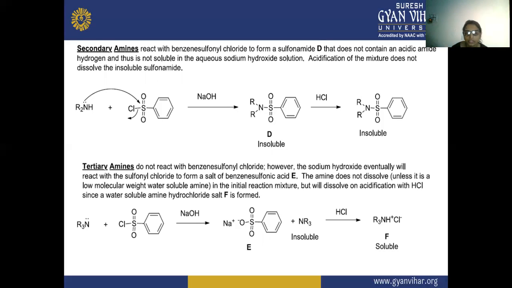So here you can see in the reaction, this nitrogen, which has a lone pair, is getting attached to this benzene sulfonyl chloride, and this hydrogen will be removed from the amine, and this chlorine will be removed from the benzene sulfonyl chloride, and this will get attached to this position. So S is getting the positive, N is getting the negative, and they will form a bond. After that, there is the formation of the sulfonamide.